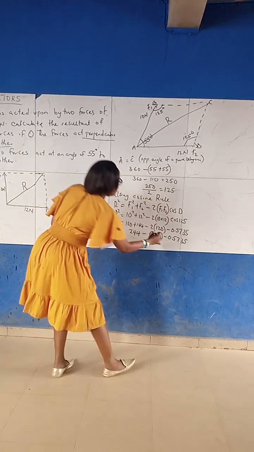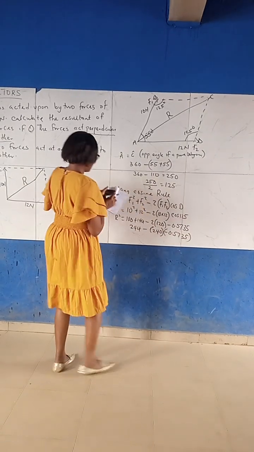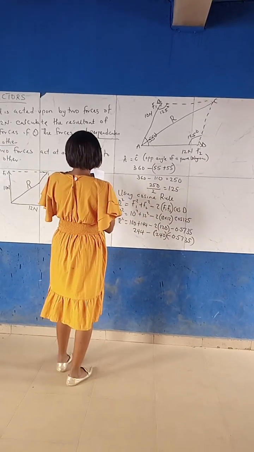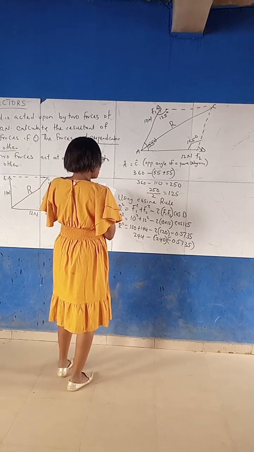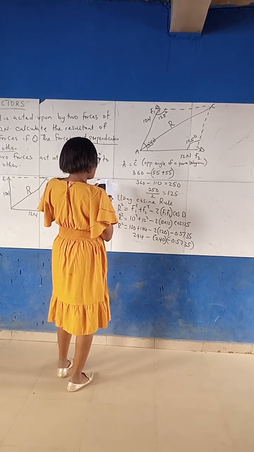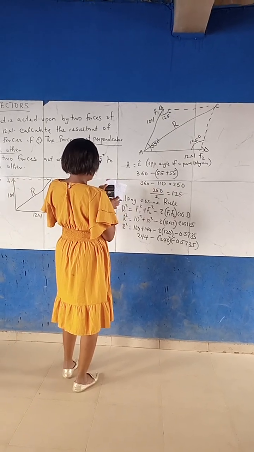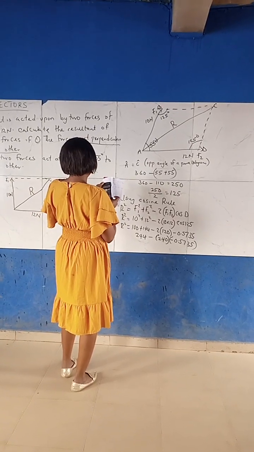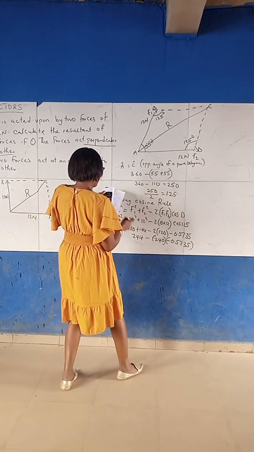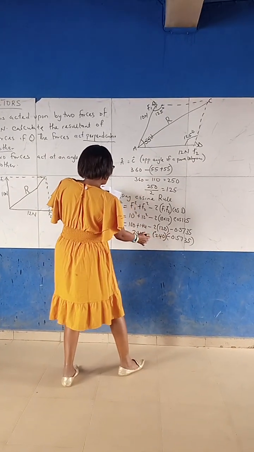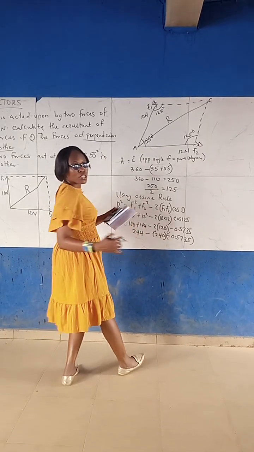Now let me expand this. 240 multiplied by 0.5735 will give me 137.64. Now this is minus times minus, which becomes plus.